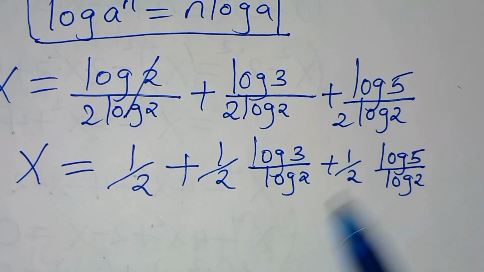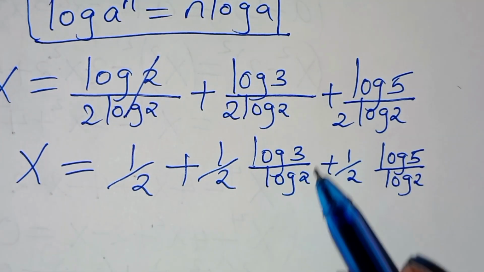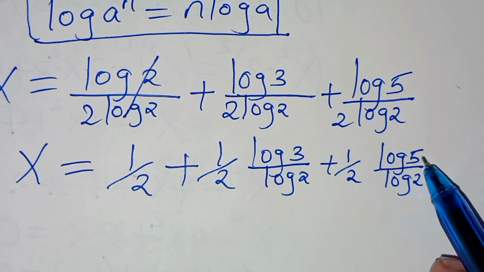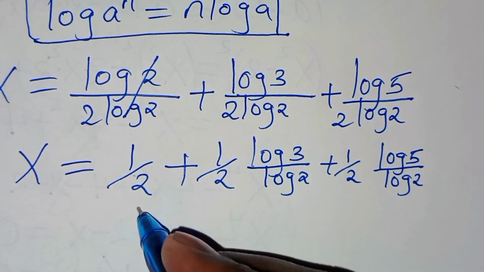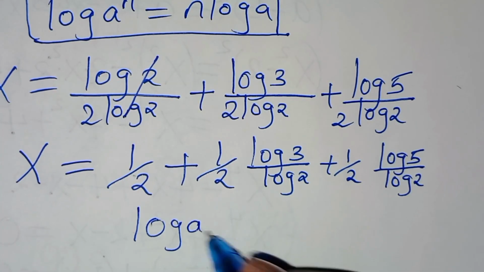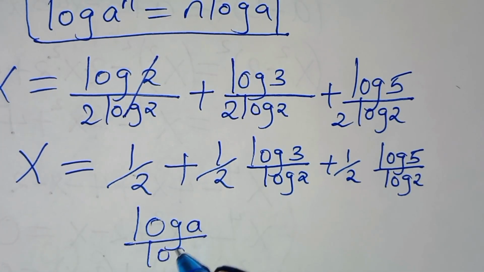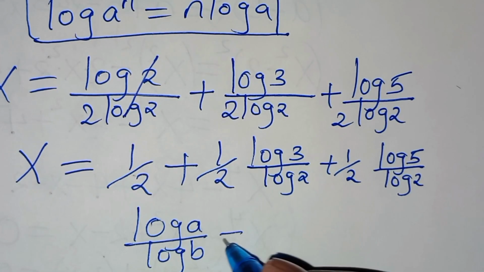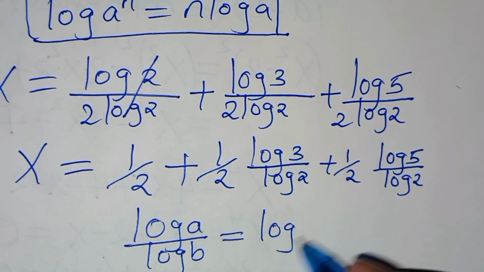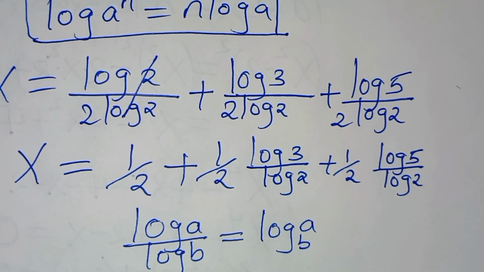The next step from here, we have that log 3 divided by log 2 and log 5 divided by log 2 are in the form of log a divided by log b, which we can express as log a to base b.